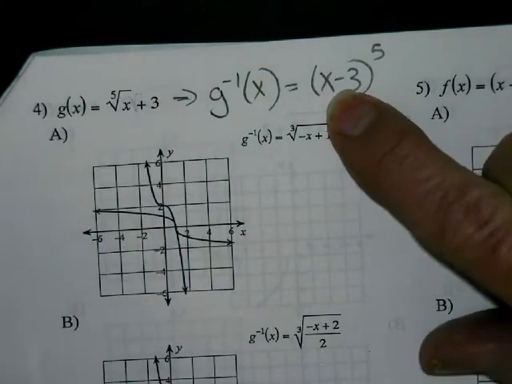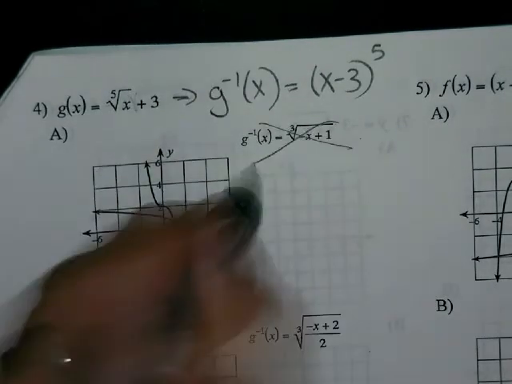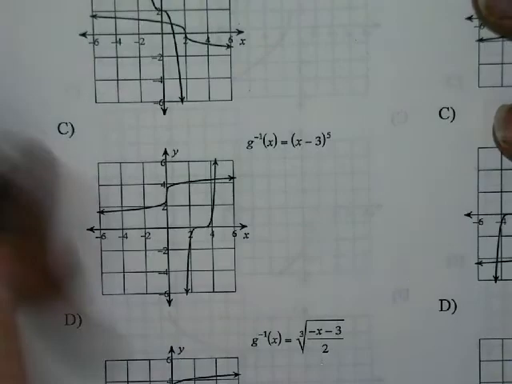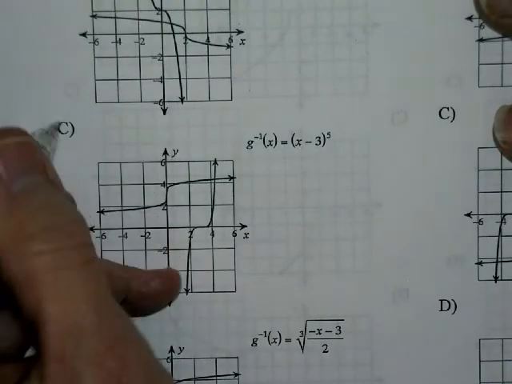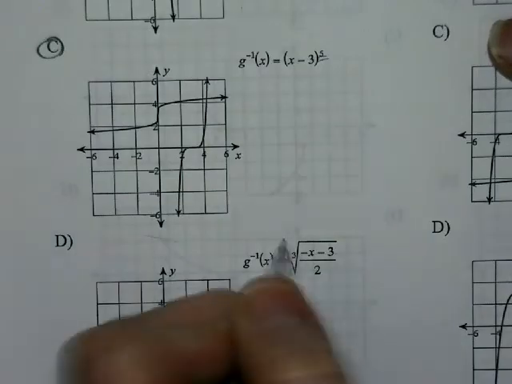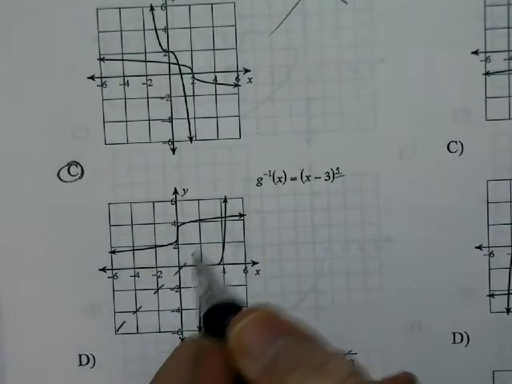Well, I'd have had to move this first, so we would have been next to the x first. So a 5th root doesn't have a 3rd root inverse. C is the answer, because it went to the 5th power. And D, you don't invert a root to get a root.